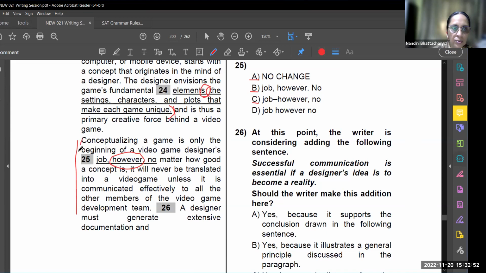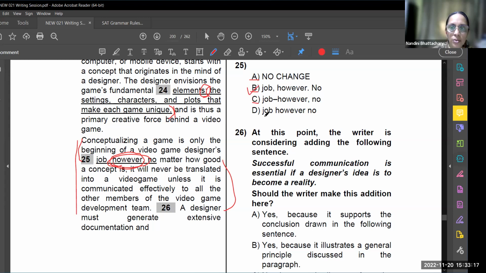So now this can come in as the first sentence, and this can come in as a second sentence. Now we have a problem with the however. Where to fit that in? Now, if we are separating into two sentences, we have only one option over here.